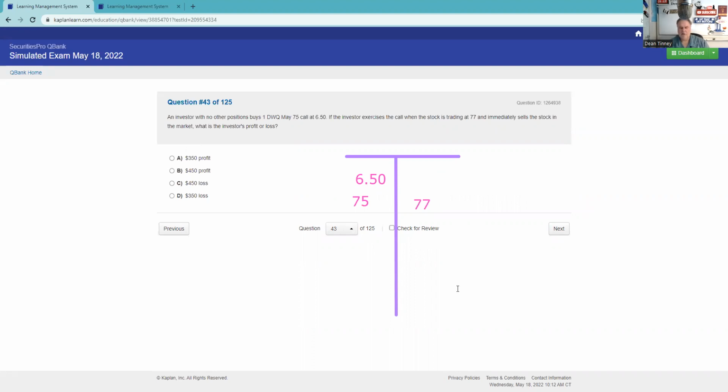Now, what you could have done is just done your break even, which is 81.5, and said 77 is 4.5 points in the wrong direction, right? So you can net these columns and say my break even. You can just memorize break even 81.5.